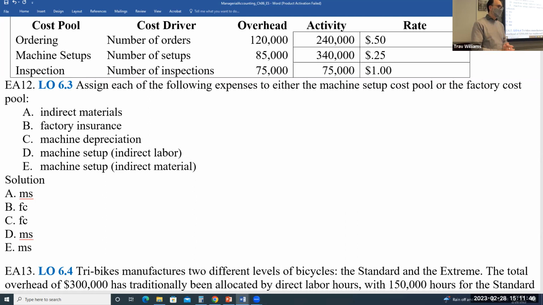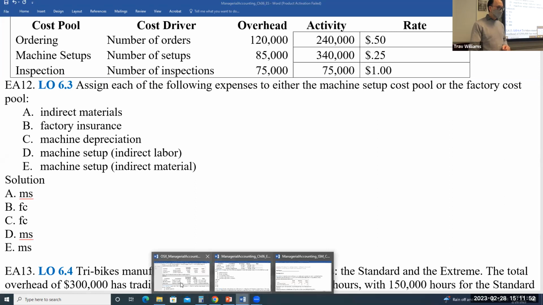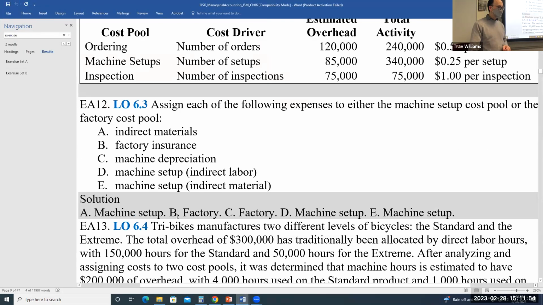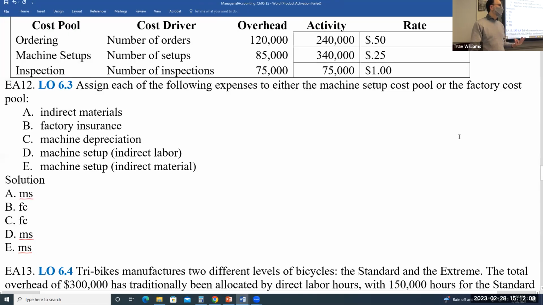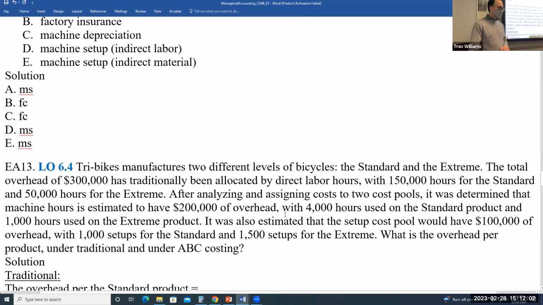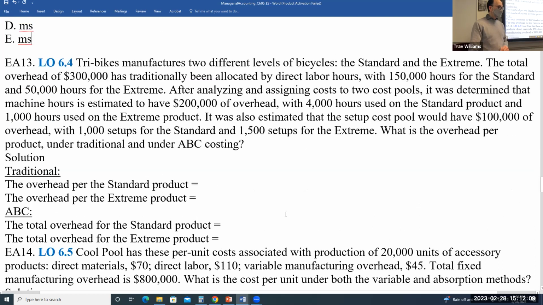So I don't know. It's a weird question, but I believe these are the right answers. Let's double check. Yes, the machine setup for A, D, and E. And then B and C are factory costs. We'll just go with that.